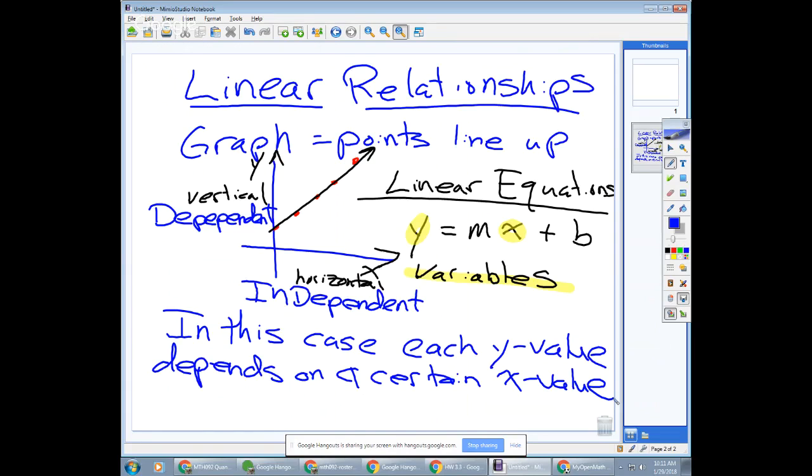All right, so we got two things here. We have graphically points line up. In terms of equations, the equation is going to look something like this. We may use different letters for x and y. Could be T for time, could be like H for healthcare workers instead of y.